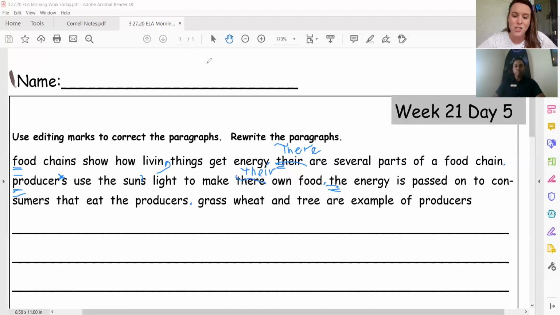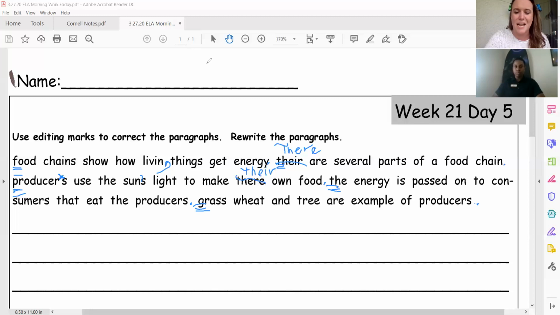All right, grass, wheat, and tree are examples of producers. So we're going to, first of all, capitalize grass, put a period at the end, and it should be that we are combining 3 things. We've gone over this before. 3 things into one sentence. It's a compound subject when we talked about compound subjects.